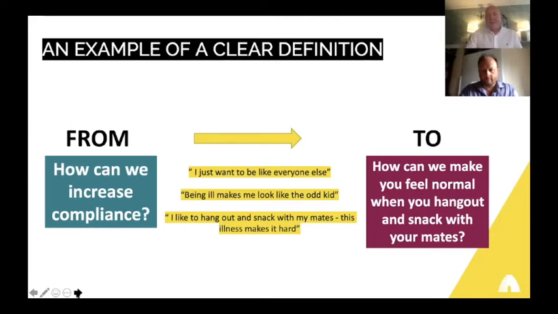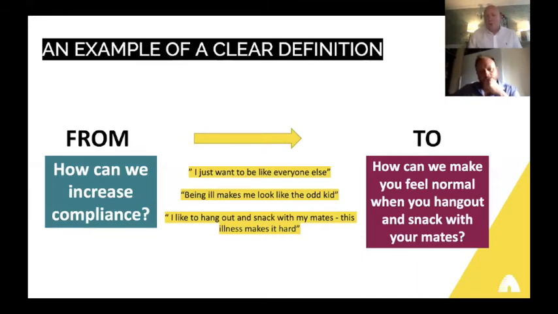So we reframed that theme into the how might we question, which was how might we make you feel normal when you hang out and snack with your mates? It's much more human-centered. It's much more about the end user. I feel it's much more exciting and springy than just saying, how can we increase compliance?